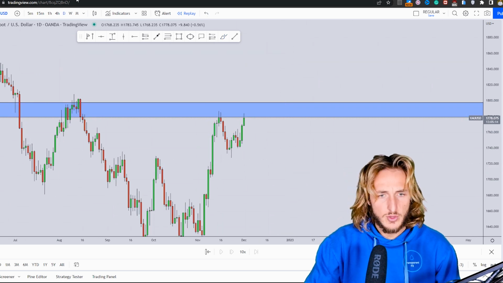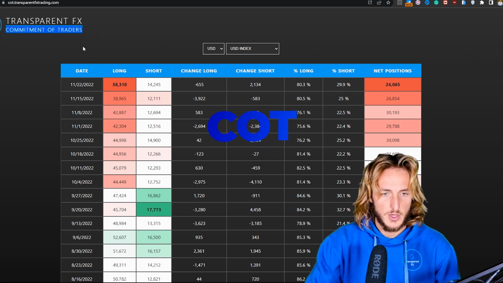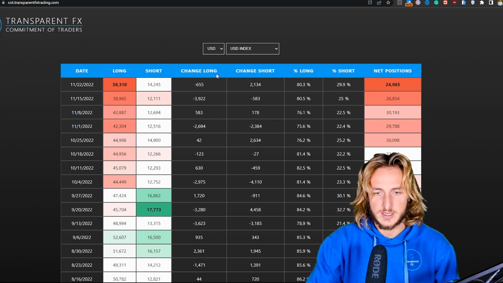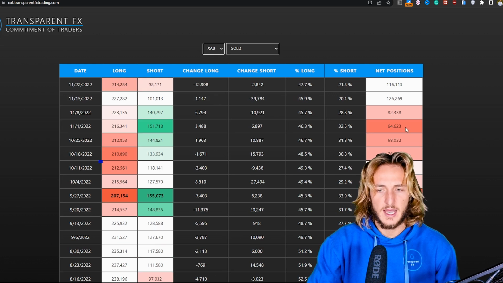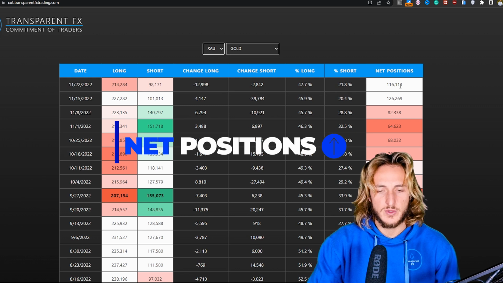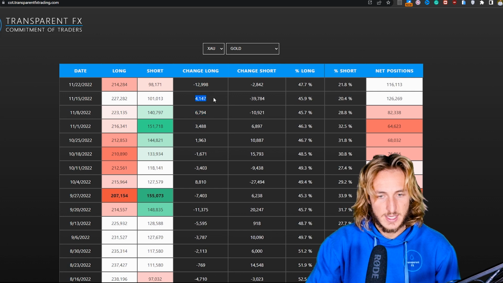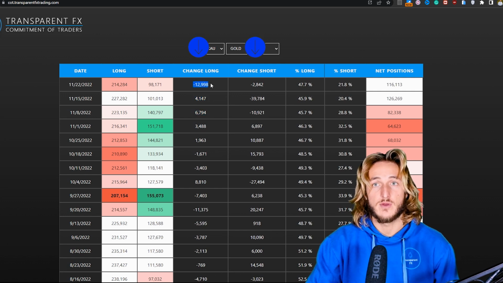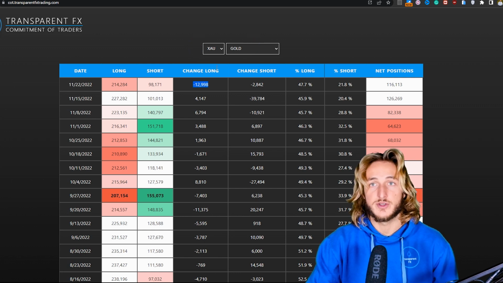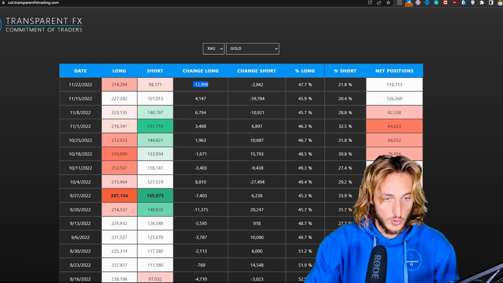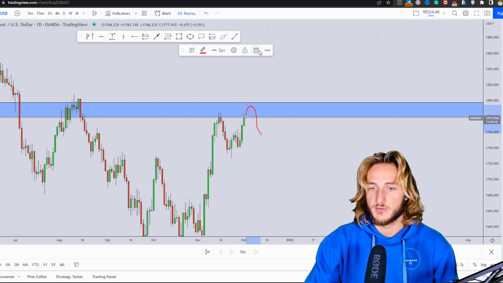Now, if we go and see what we have when it comes to the commitment of traders, so the COT data, which is what the non-commercials, so the biggest speculators in the market, are doing, and we check the data for gold, we can see how even though net positions have been increasing with the last reports, this is the first time in quite a lot of weeks that we see tens of thousands of longs getting closed, meaning that hedge funds are decreasing their exposure to the long for gold, meaning that they might expect as well a reversal away from this area.